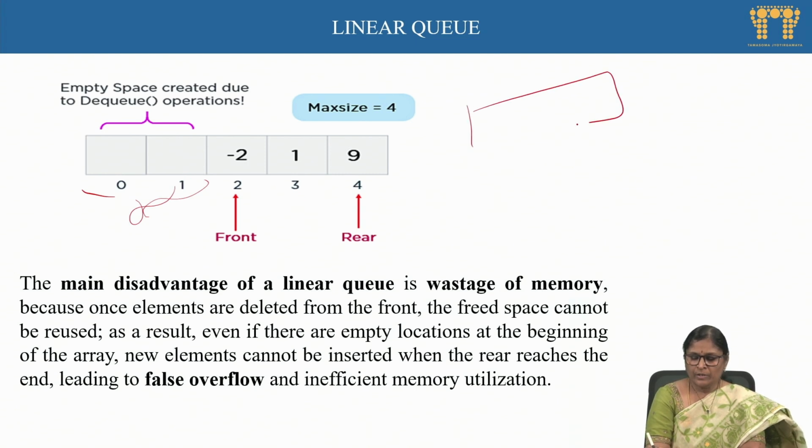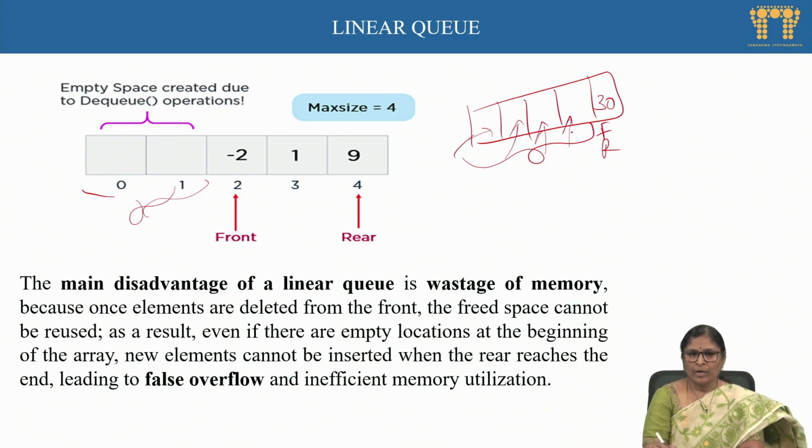In some cases, suppose only a single element is there where front and rear will be pointing, so this much amount of memory will be wasted. So even though the space is available, we are unable to insert an element into these particular spaces. So this is leading to a false overflow condition also, and also inefficient memory utilization in the case of linear queue.